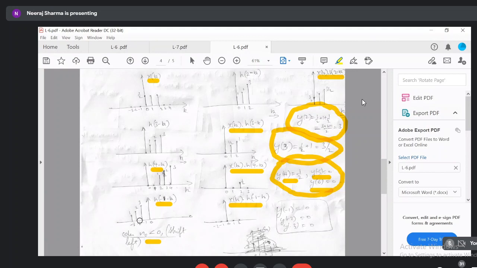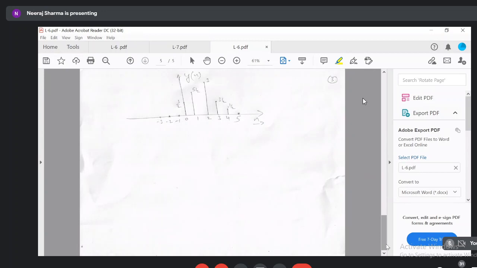So there will be no non-zero overlapping product region between x[k] and h[-1 minus k], right? And that's why the product of x[k] multiplied by h[n naught minus k] for all the values of n naught lesser than 0 will be a 0 sequence, right? So y[-1] will be equal to 0, y[-2] will also be equal to 0, y[-3] will also be equal to 0, right?